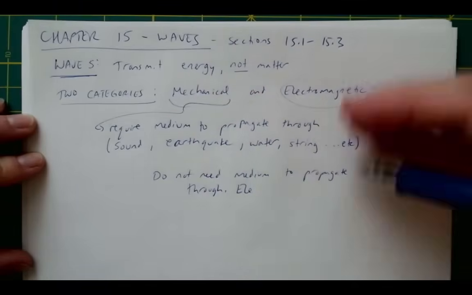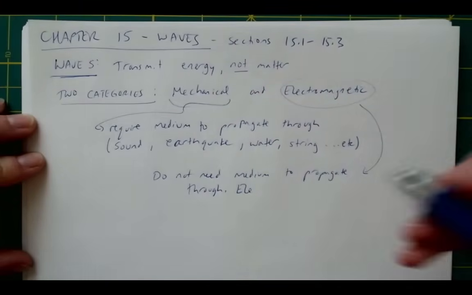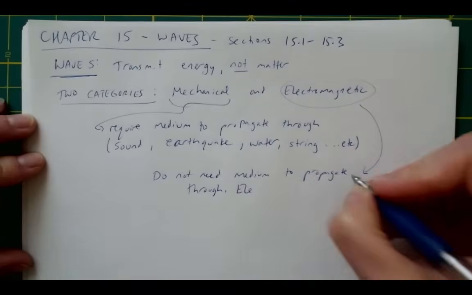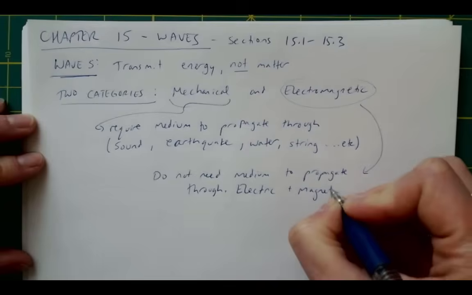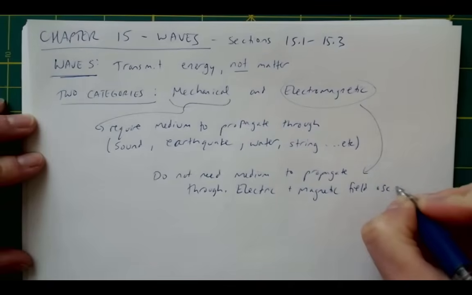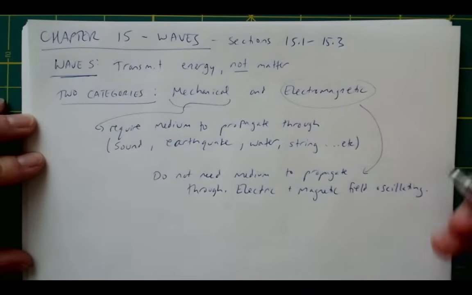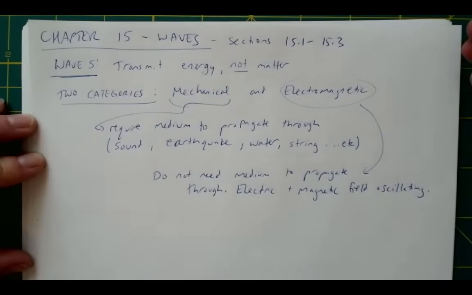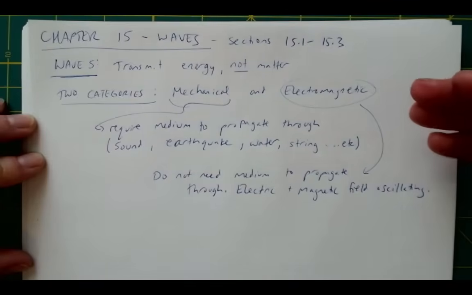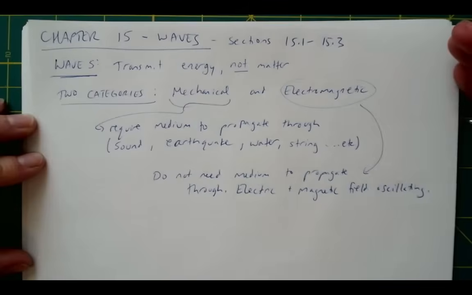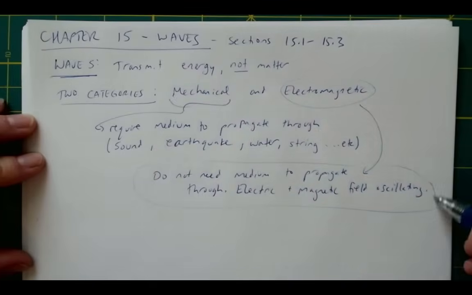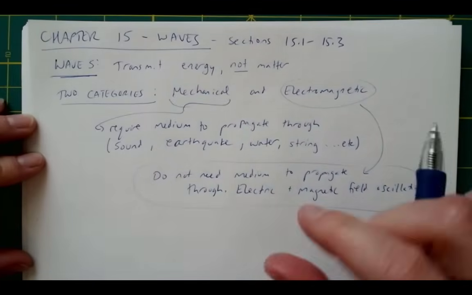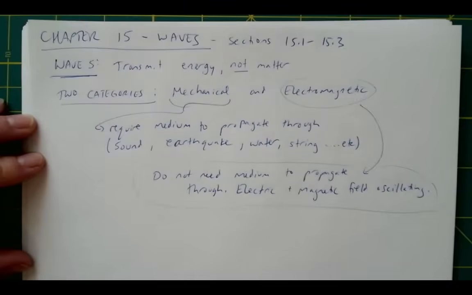Instead of having physical atoms that are oscillating as that energy is carried away, an electromagnetic wave is an electric and a magnetic field that are oscillating. And next semester you'll see how an oscillating electric field creates an oscillating magnetic field, which creates an oscillating electric field, and then that gets propagated and carried away from the original source without needing the interaction of atoms to carry that energy away.